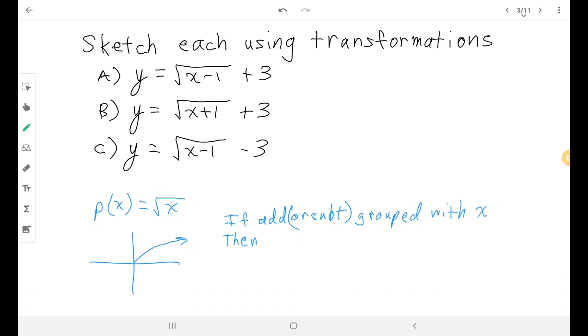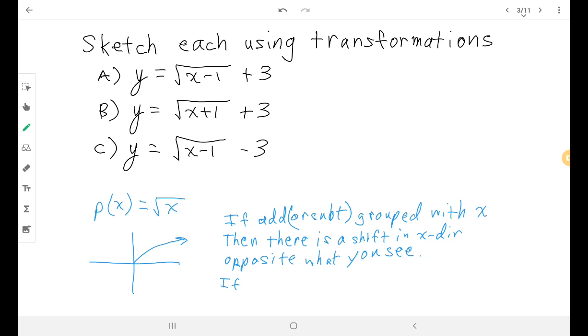then there is a shift in the x direction opposite of what you see. Okay?